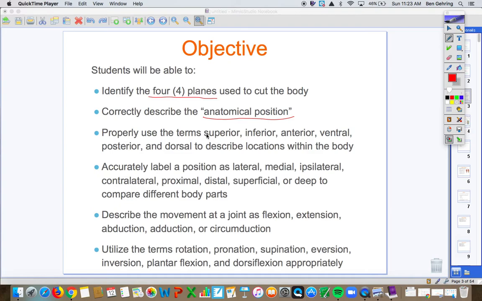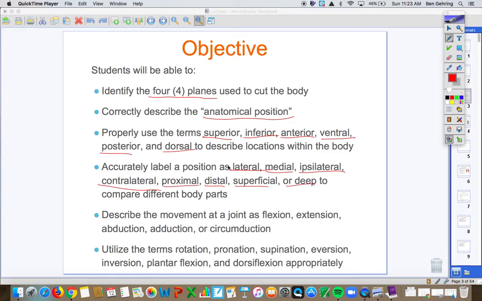You're going to be able to use the terms superior, inferior, anterior, ventral, posterior, and dorsal to describe locations within the body and directions. You will be able to label positions as lateral, medial, ipsilateral, contralateral, proximal, distal, superficial, and deep.